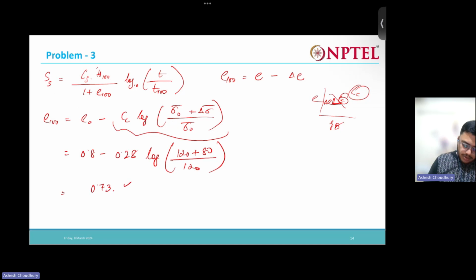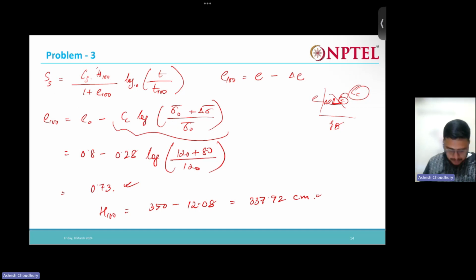So this will give us E100, and H100 we can find from 350 minus 12.08, which gives 337.92 centimeters. So E100 we got, H100 we got. What is T?